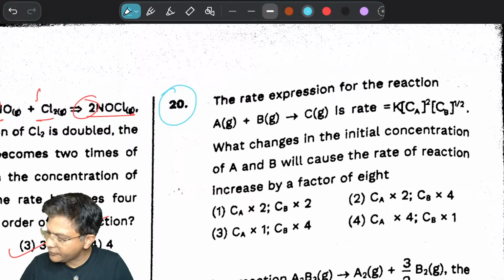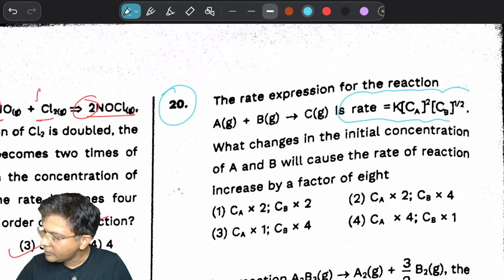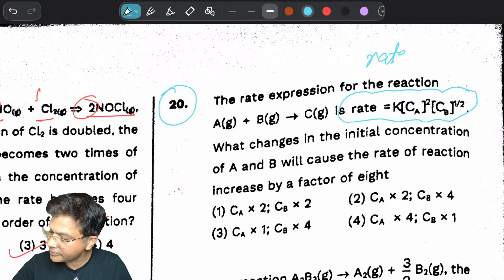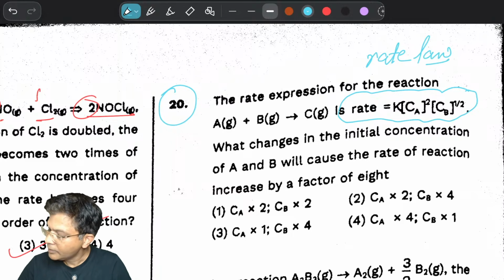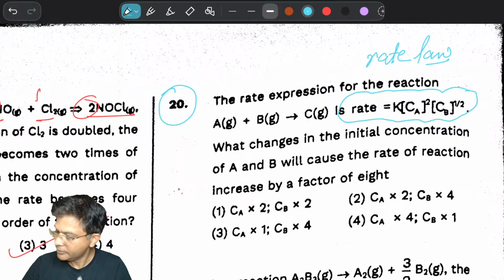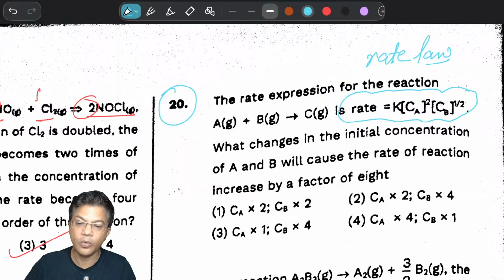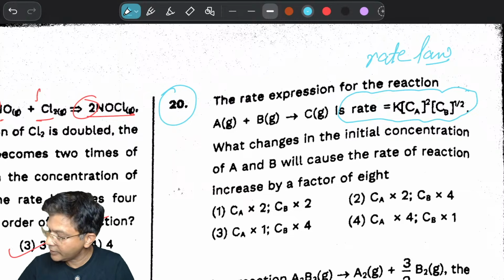The rate expression for the reaction, this is the rate law expression, experimentally determined. Now, what's the answer? Wow, kids, you are so fast, Jai Jagannath, Garima. Very good. Second is the correct answer.